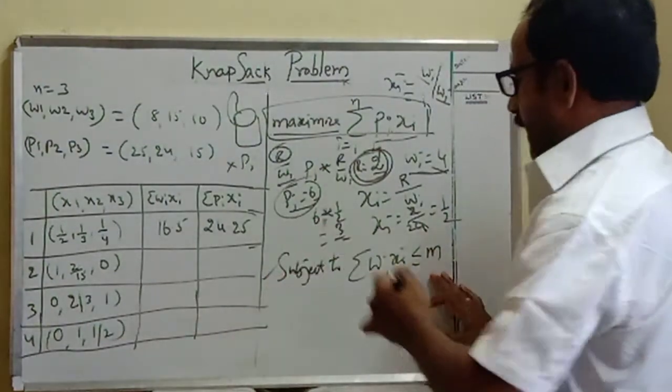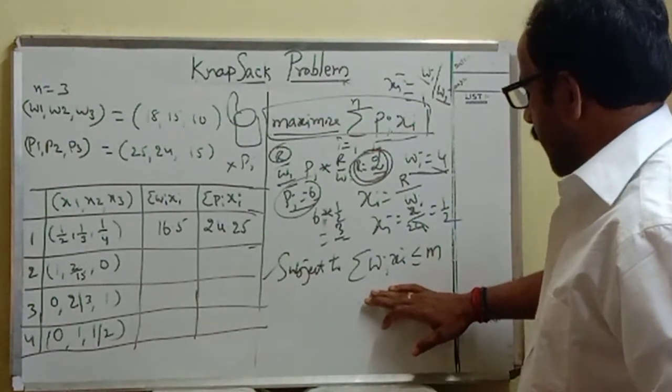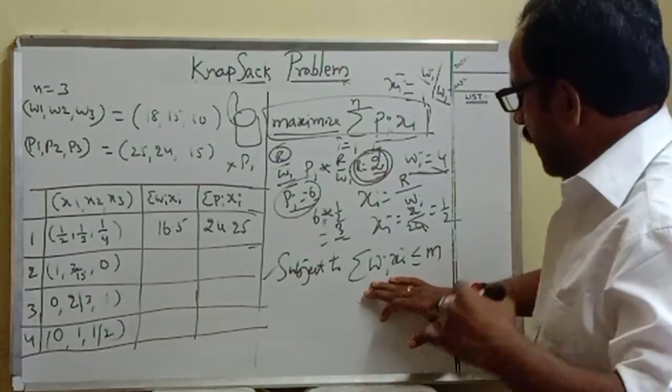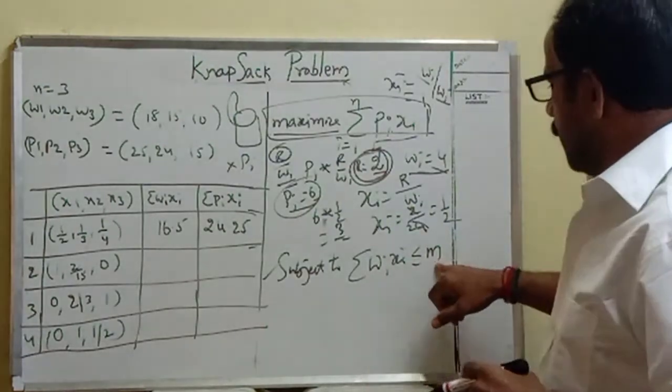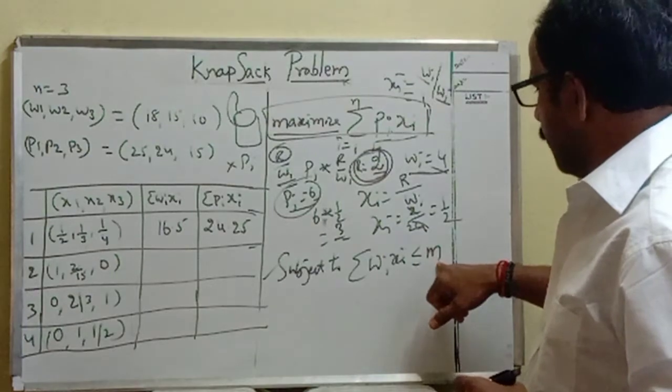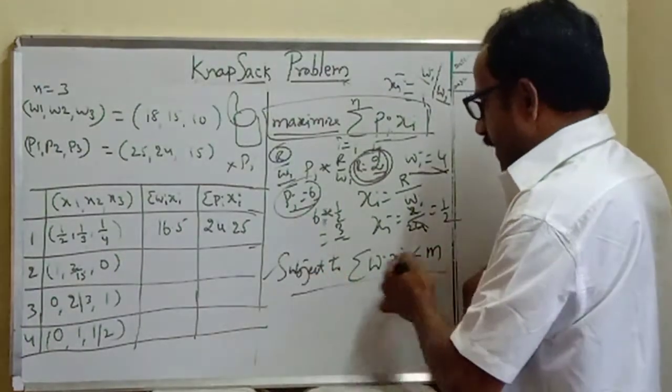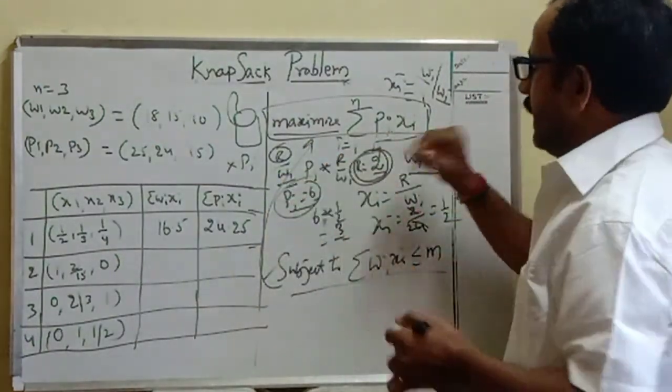Then this is the constraint. Whatever items you select, their total weight should not exceed m. Is it clear now? So this is the constraint. Based on this, get the maximum profit.